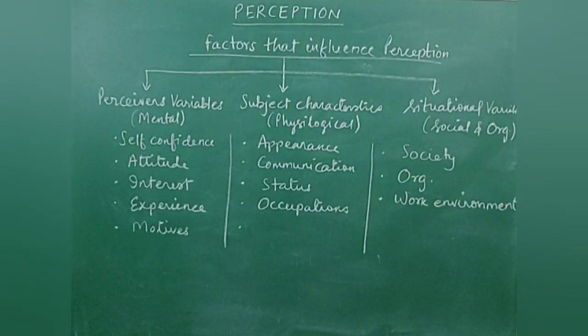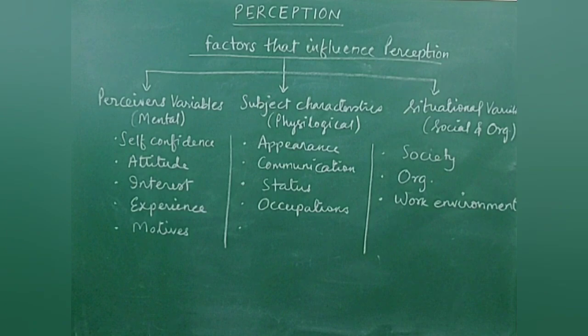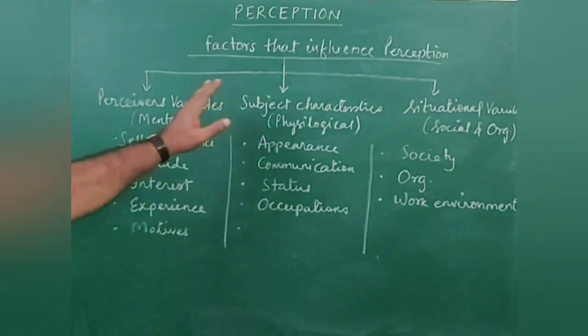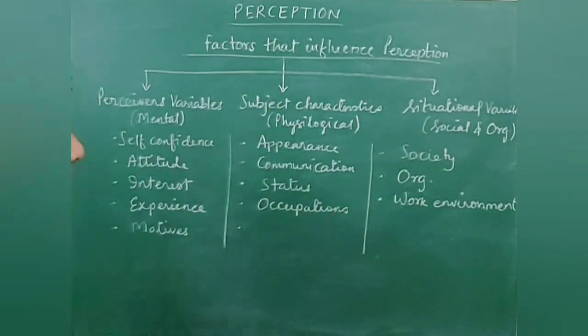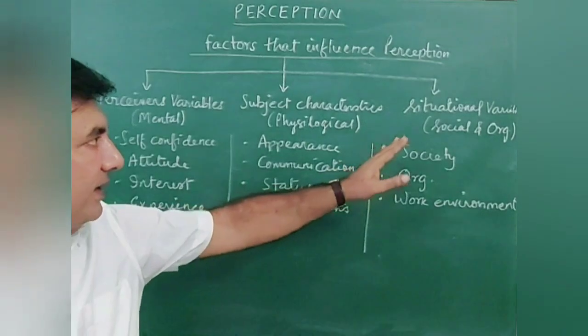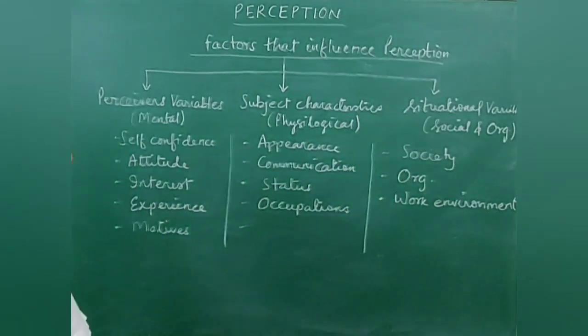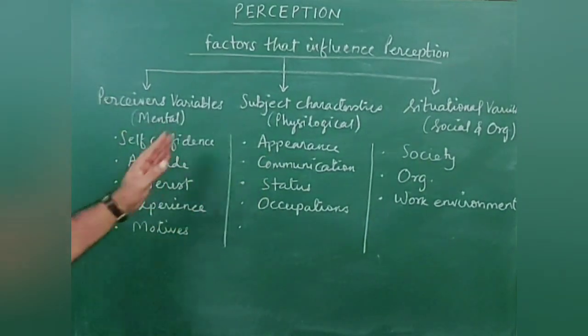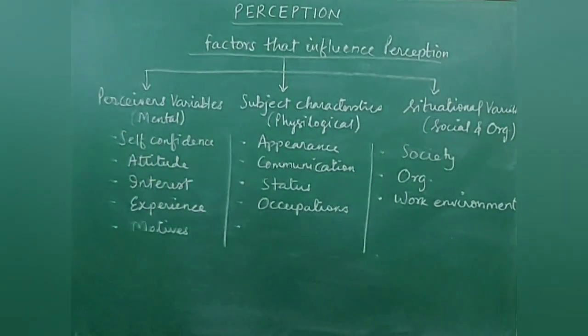So okay friends, the next important topic of perception is the factors that influence perception. I have classified these factors into 3 types: perceiver's variables, subject characteristics and situational variables. Clear? Let's see what are the important points in these 3 factors.